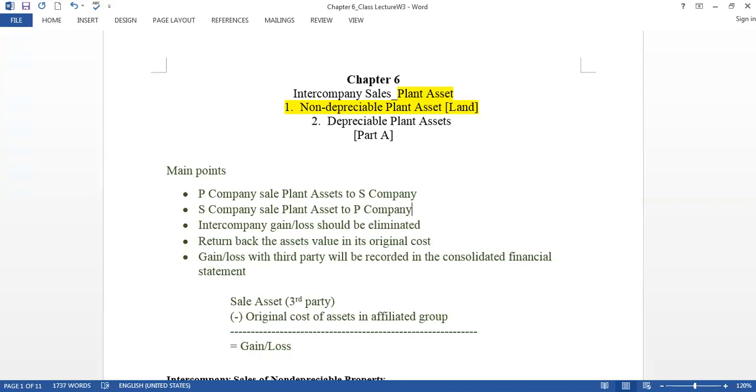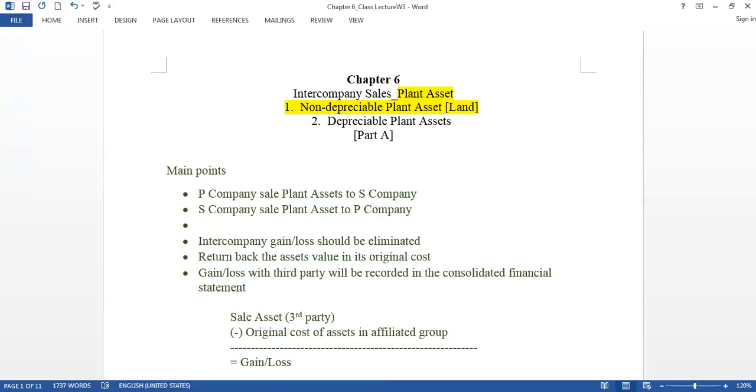So if we have this kind of sale of an asset, you know that when a company sells an asset, the company compares book value versus sales price, right? So whenever you sell your asset, you compare these two items, book value and the sales price. And we find gain or loss. Do you understand?